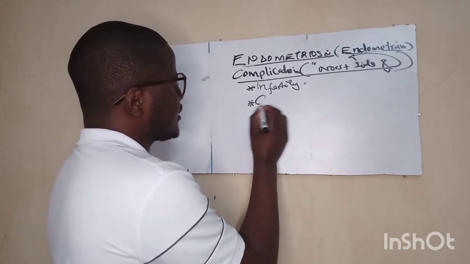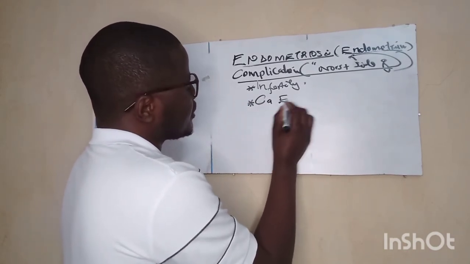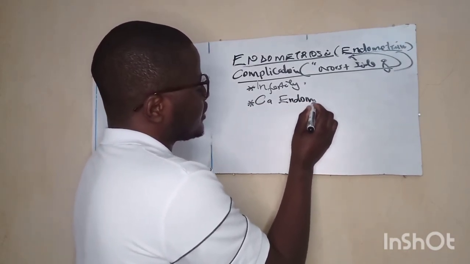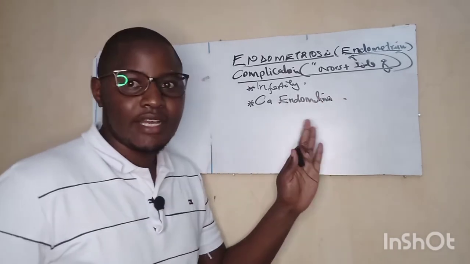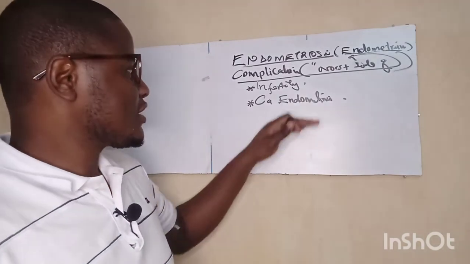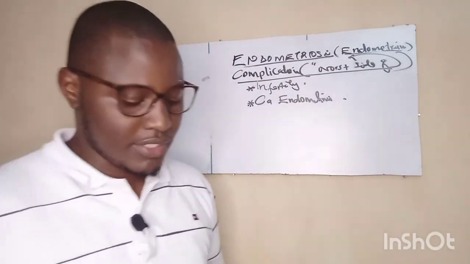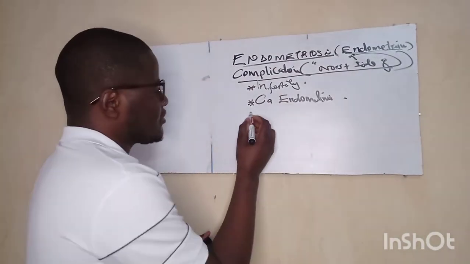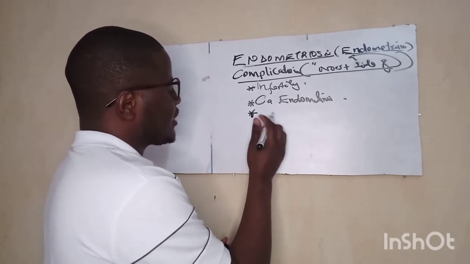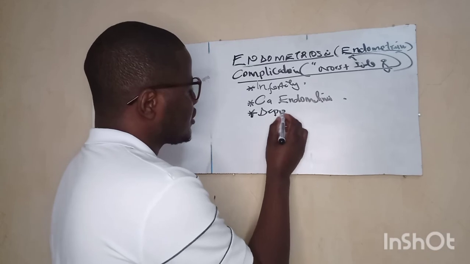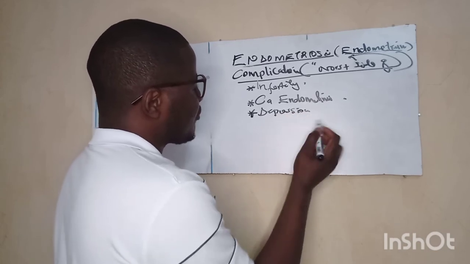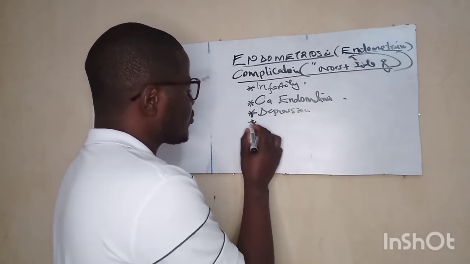So it can lead to cancer, most basically a cancer that is associated with the endometriosis. As a result, you can even suffer from maybe depression. So these are some of the other complications that may result from it.